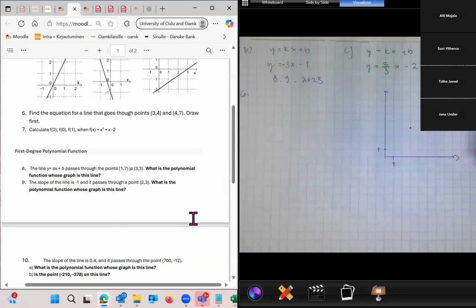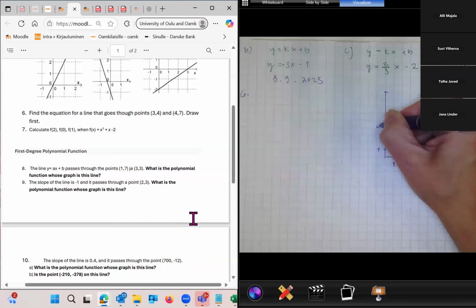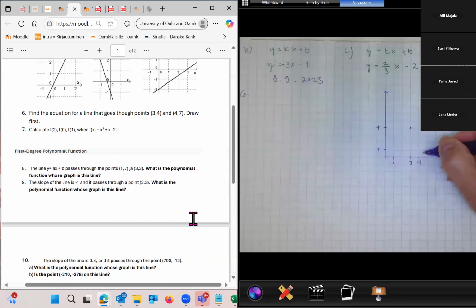And then the next one was 4 and 7. So here would be 4. This was 3 and here was 4 and 7. It would be there.